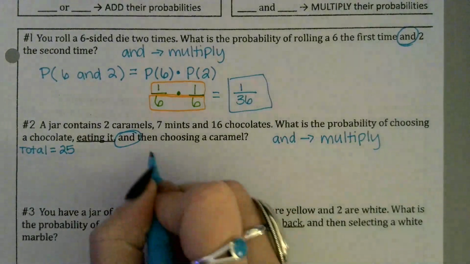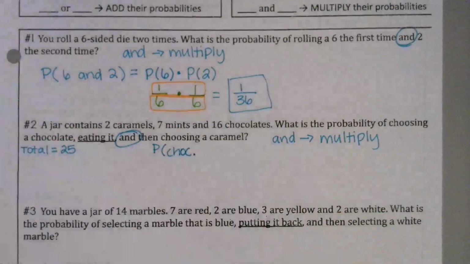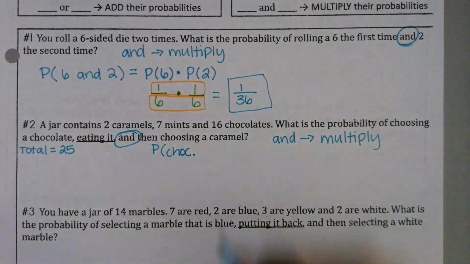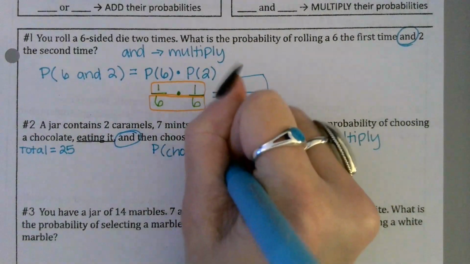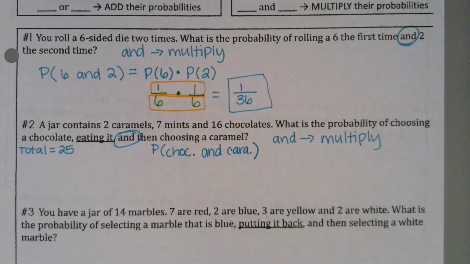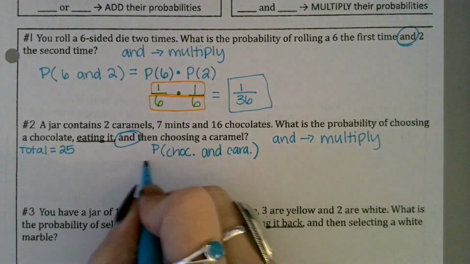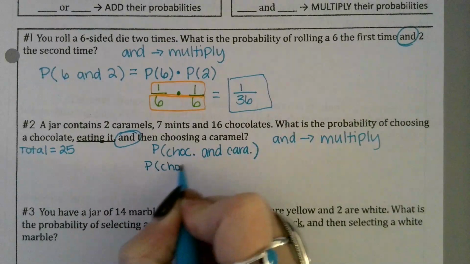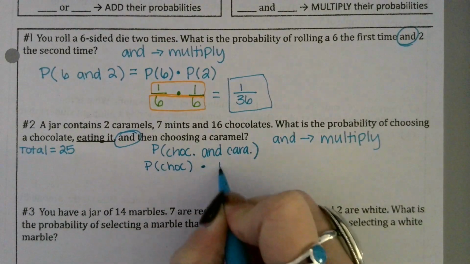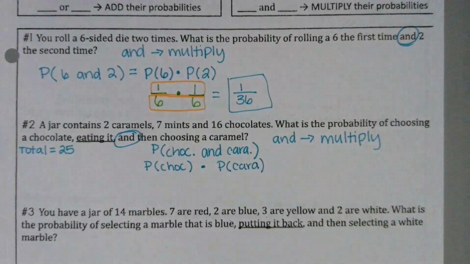So, we want the probability of choosing, I'm going to abbreviate, a chocolate and a caramel. And I abbreviated it just because those are long words. So this means I need to find the probability of a chocolate times the probability of a caramel.